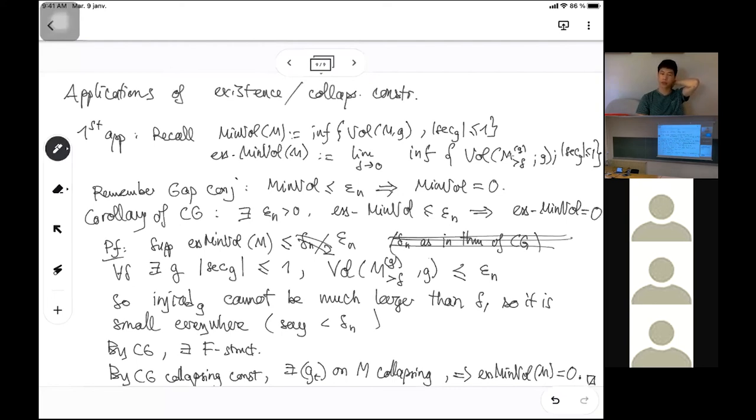And for the simplicial volume, somehow you can compute it in quite a lot of cases. That gives you that the set of possible simplicial volumes is quite well understood. So for example, in dimension at least 4, the possible values of the simplicial volume are dense in 0 to infinity. But for the minimal volume or the essential minimal volume, it's hard to say.